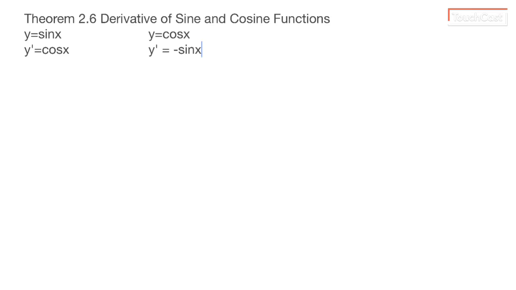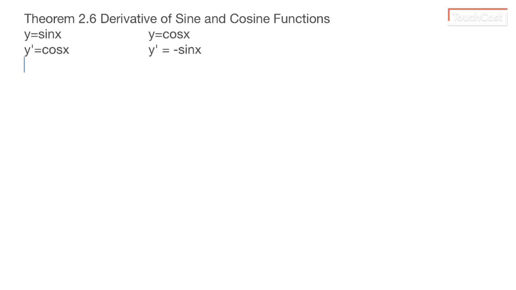Now, I don't really have a reason to show you why it's that. You could check page 115 in your book for the proof of why these work. I would just suggest memorizing this one.